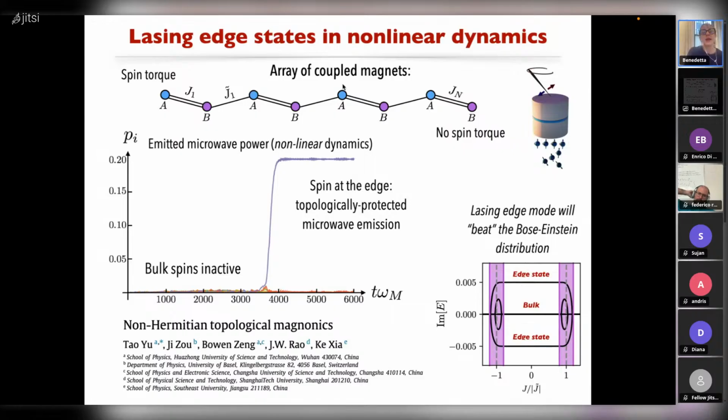When I linearize the system and I derive a magnon Hamiltonian in a periodic quadratic limit, what I see is that my edge state, which I can find if I tune the system to a PT symmetric point, is going to have a finite imaginary energy, and they come in complex conjugate pairs.